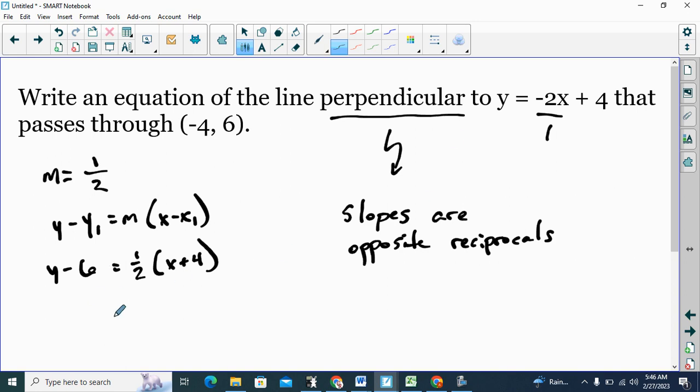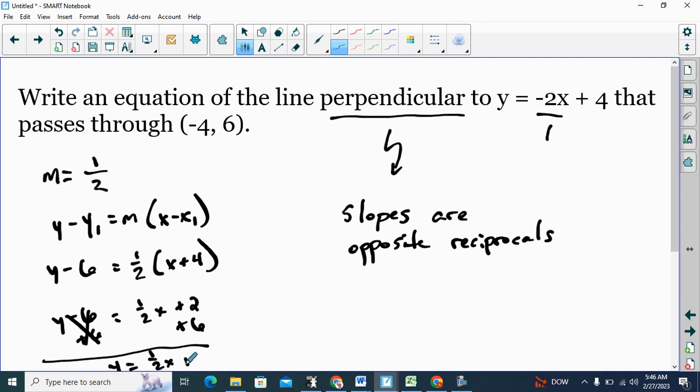Distribute the 1/2. 1/2 times 4 is 2. And add 6. 2 and 6 make 8. Y equals 1/2 x plus 8.